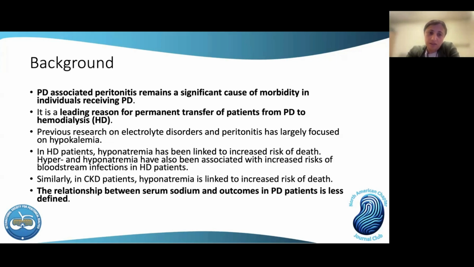We also know that in HD patients, hyponatremia has been linked to increased risk of death. Both hypo- and hypernatremia have been associated with increased risk of bloodstream infections in hemodialysis patients. Similarly, in CKD, we have some data that hyponatremia is linked to increased risk of death. However, the relationship between serum sodium and outcomes in PD patients is less well defined.